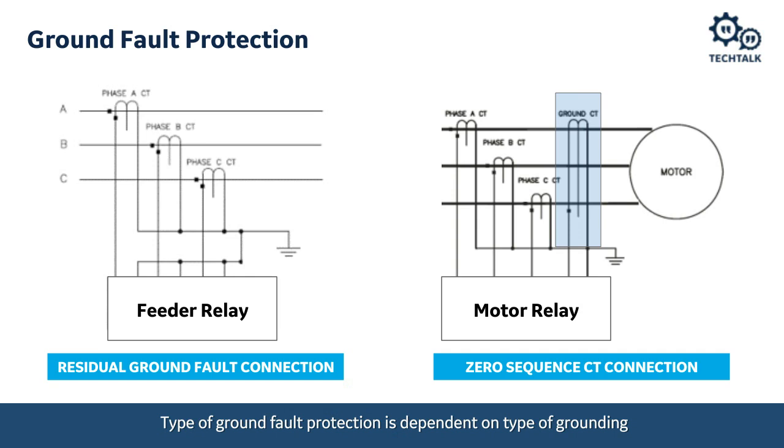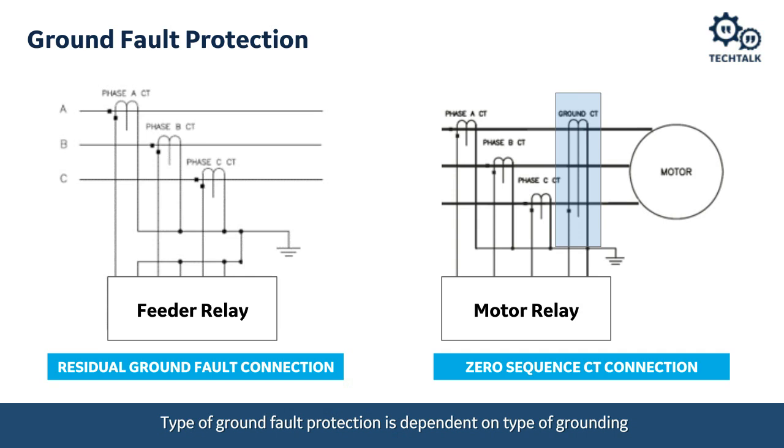Now, in addition to neutral overcurrent, we can also have ground overcurrents. And these can be ground instantaneous overcurrents or ground time overcurrents, the same with neutral. But for GE relays, a ground overcurrent is an input into the relay. And I show a couple of ways that we can wire this input into the relay.